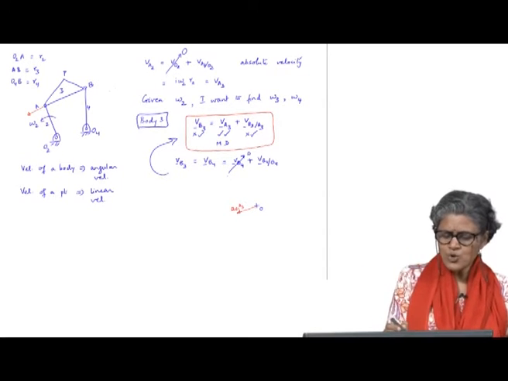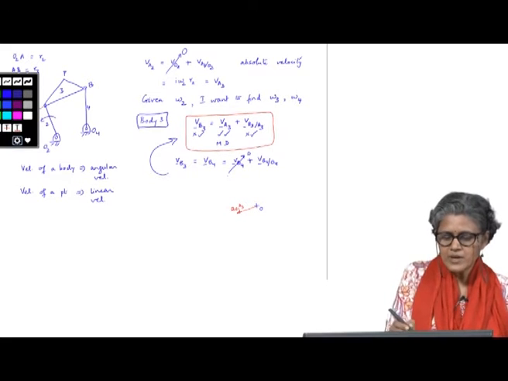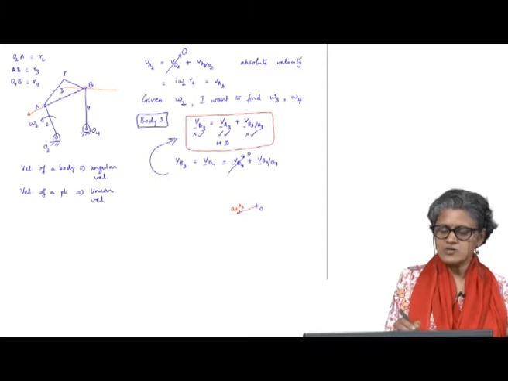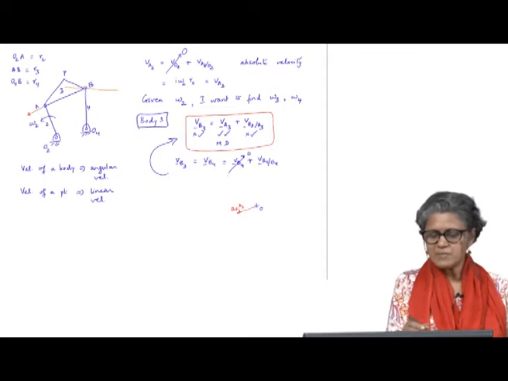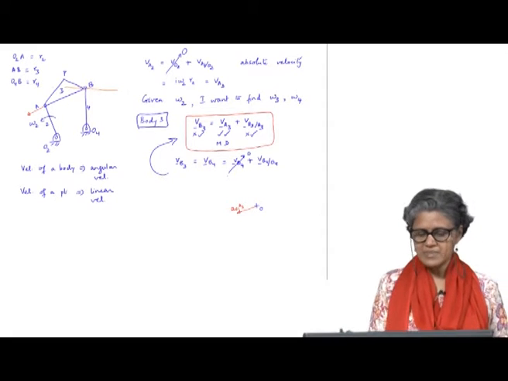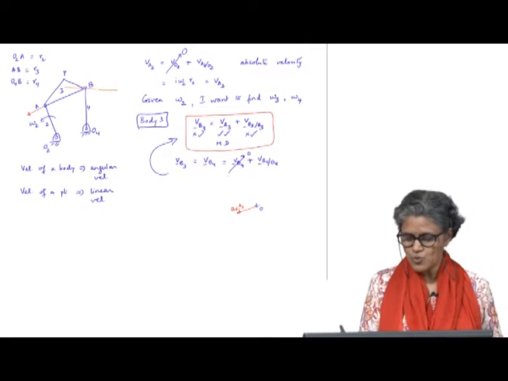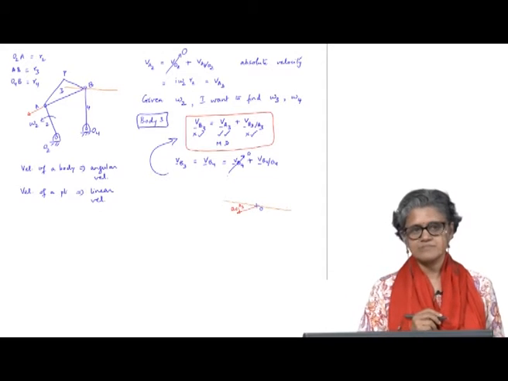I know that it is perpendicular to O4B, but I do not know in which direction, because omega 4 could be positive or negative. But I know that it lies along that line and it is an absolute velocity, which means it has to pass through O. So, I transfer that line over here.